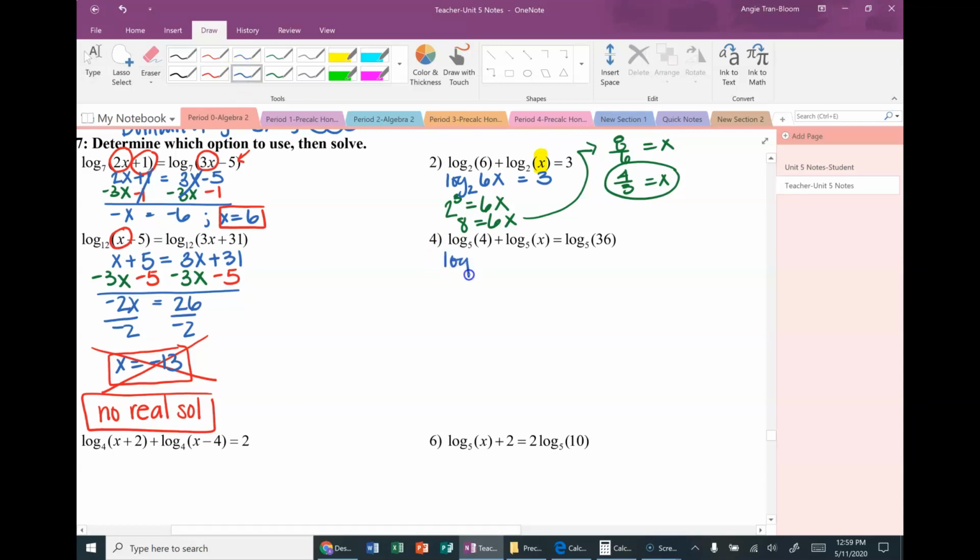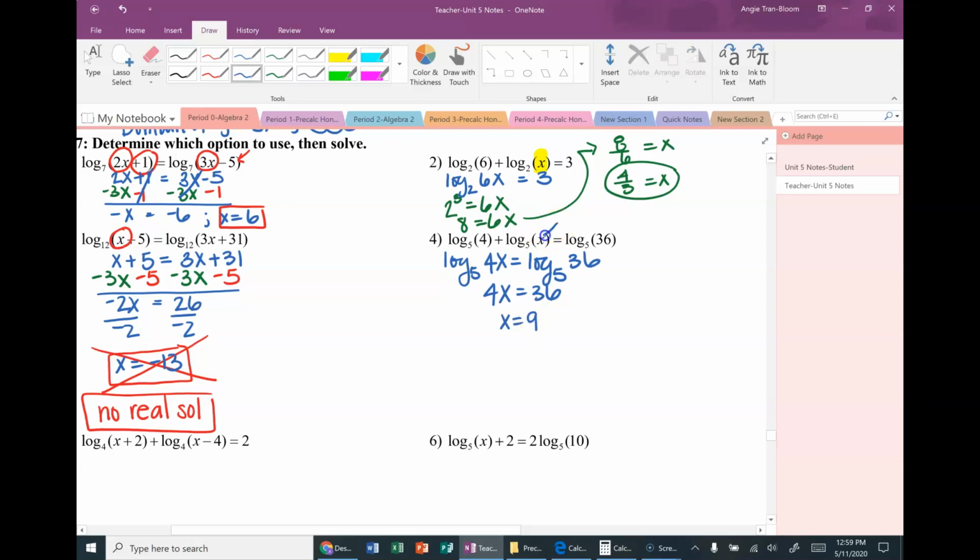Make it a multiplication of 4 times x. Now you have one log on the left and one log on the right. You drop them. 4x equals 36. Divide both sides by 4. X comes out to be 9.